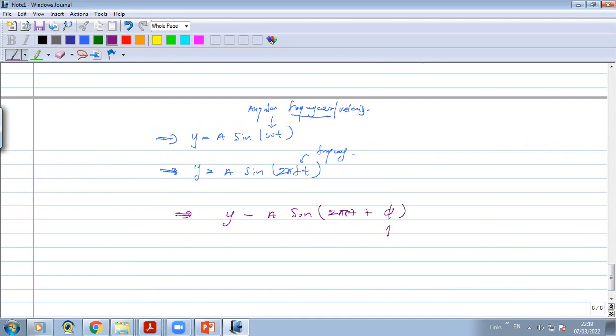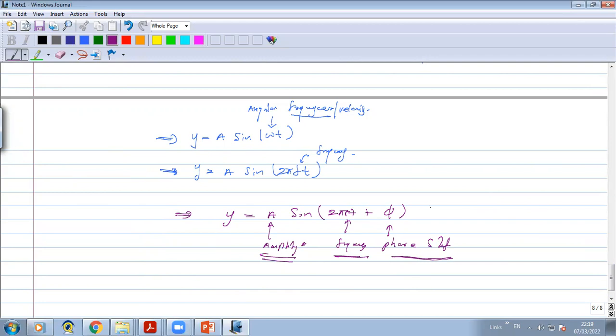So this is the phase shift, and this is the frequency, and this is the amplitude. So these are the most important parameters for a sinusoidal signal: amplitude, frequency, and phase shift.